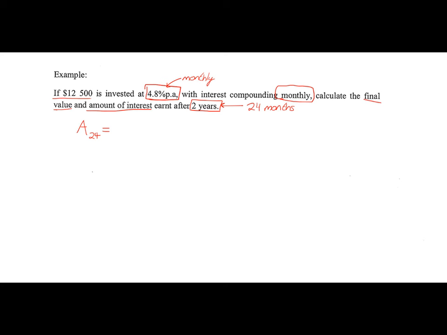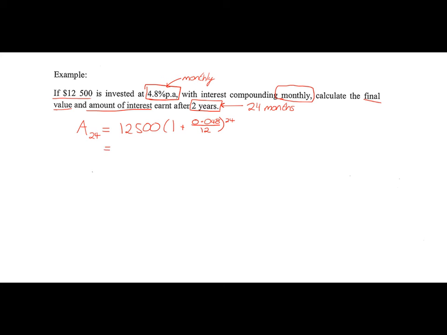Then we can substitute in the other things as we usually would. So the principal is $12,500. The interest, the second part is 1 plus the interest rate. The interest rate as a decimal would be 0.048, but we remember that that was yearly, and to make it monthly, we need to divide it by 12, and then it's going to be for 24 time periods, 24 months.